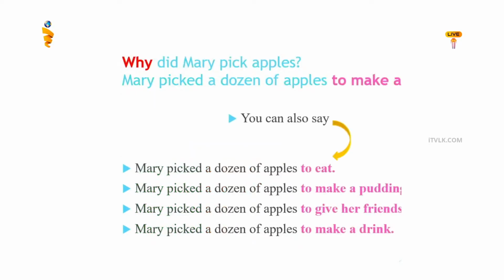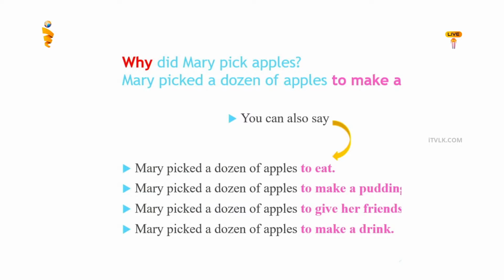And can you remember the third question that the first sentence used? Why did Mary pick apples? There should be a reason. So why did Mary pick apples? Mary picked a dozen apples to make a pie or bake a pie. You can also say, Mary picked a dozen apples to eat.